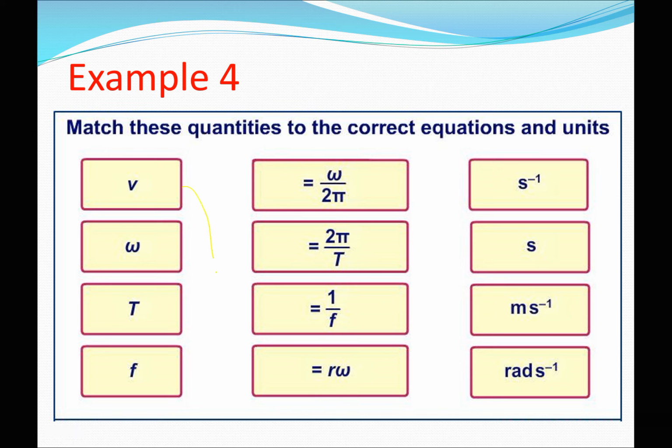We have seen v is equal to this, and the units for linear speed is meters per second. Okay, let me change the color to blue. Then omega is 2 pi over T. We have already seen this. Omega is 2 pi over T. And the units of omega are radians per second.